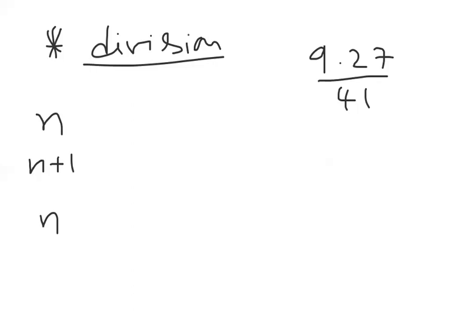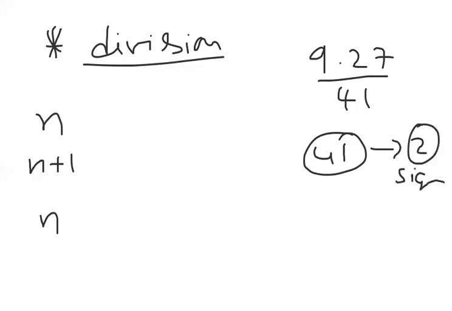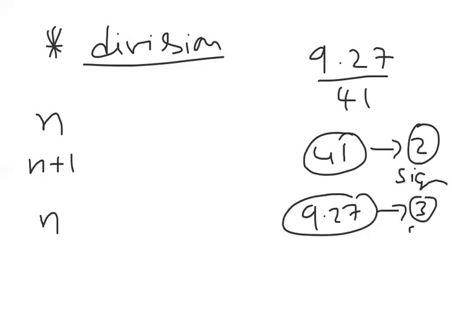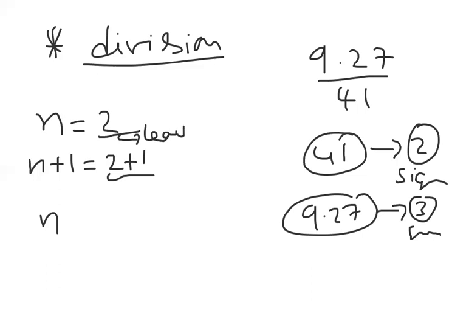The least, 41, has two significant digits, and 9.27 has three significant digits. So n is 2, and we round off to 2 plus 1, which means 3. Again, the answer must have only 2.